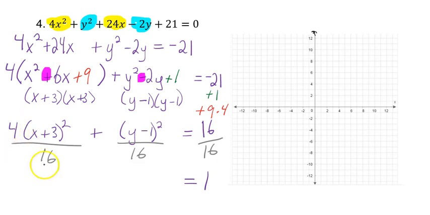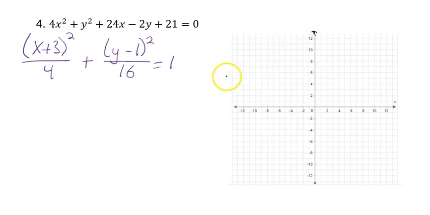On the left, the 4 and 16 we're going to reduce like we reduced in number 3. So 4 over 16 will reduce to 1/4. So I'm going to write that as x plus 3 squared over 4. There was nothing out front to reduce this 16 with, so I'm going to keep it y minus 1 squared over 16.